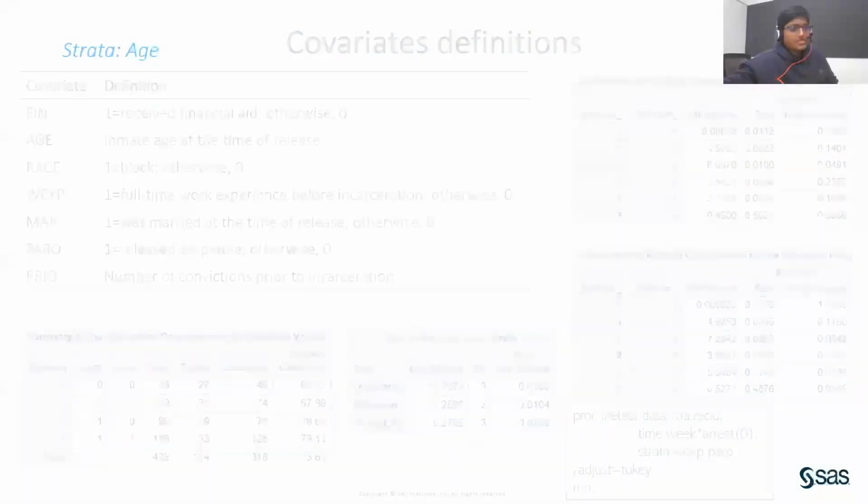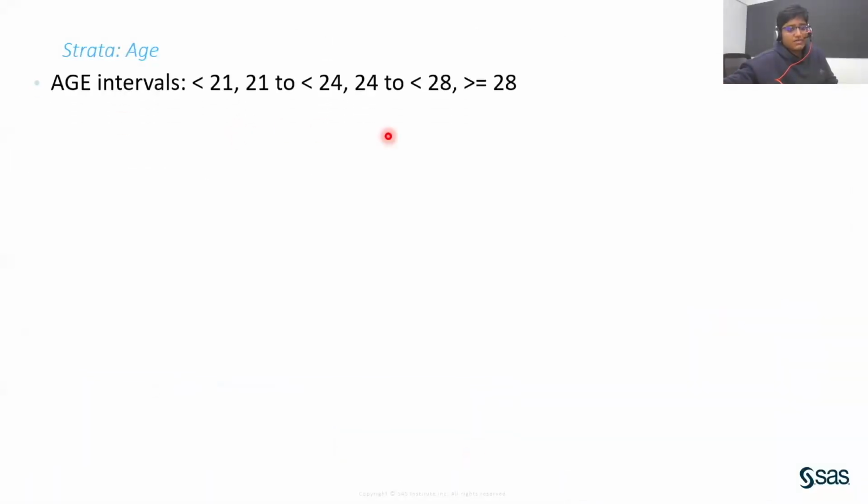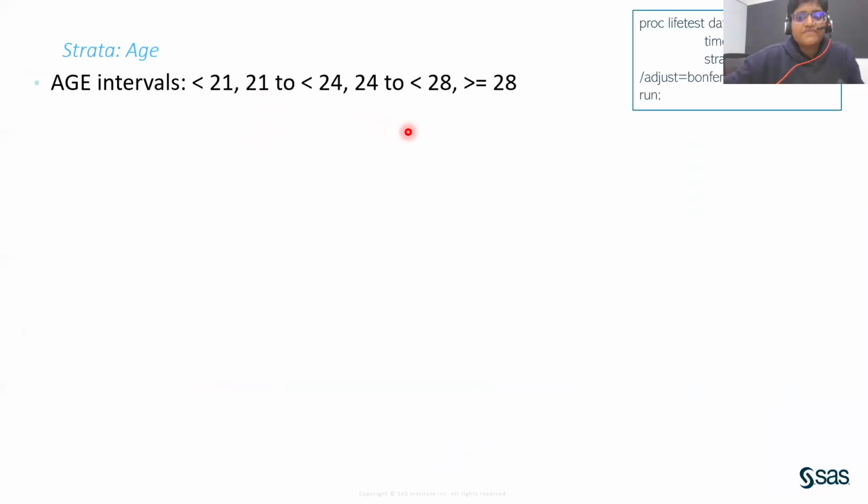Similarly, age again acts as one of the variables that you would want to take into consideration in a categorical fashion rather than just looking at a continuous numerical variable. So you can directly define your ages in groups. You do not have to use a data step separately. It can be a part of the life test procedure itself.